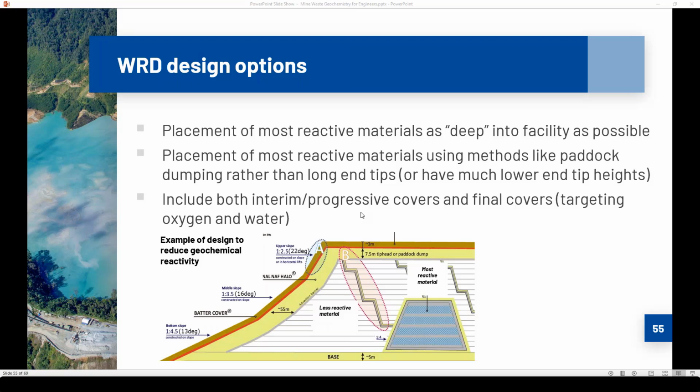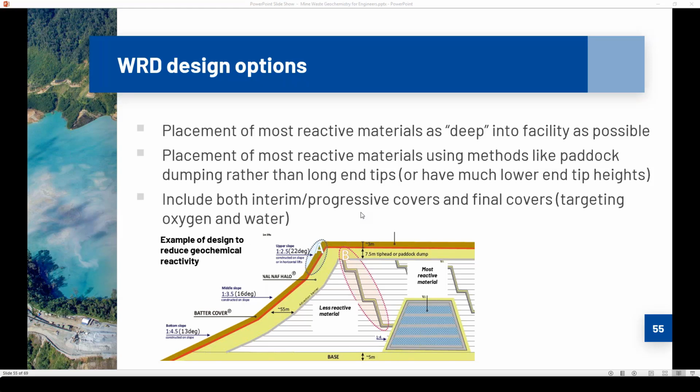Well, from a WRD design perspective, what modeling like this emphasizes is that we really want to place the most reactive materials as deep into this facility as possible. In other words, as far away from the oxygen pathways as possible, because by doing that, we can reduce the sulfide oxidation.